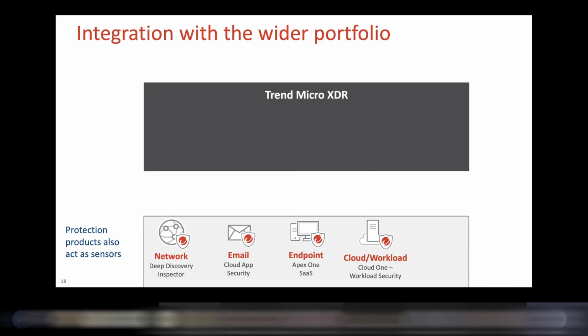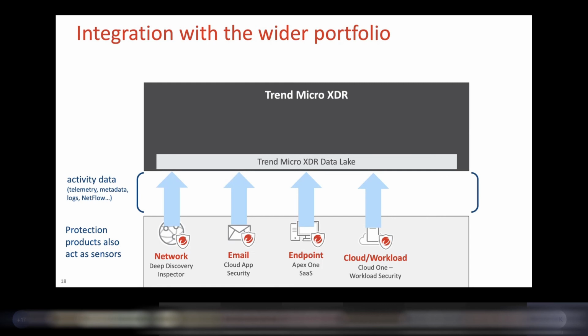Of course, we have the endpoint, that is Apex One on-prem or Apex One SaaS. And we have cloud and workload security, that is Deep Security on-prem or Deep Security SaaS version, which is now called Cloud One Workload Security. And we have different approaches that we'll discuss a little bit later.